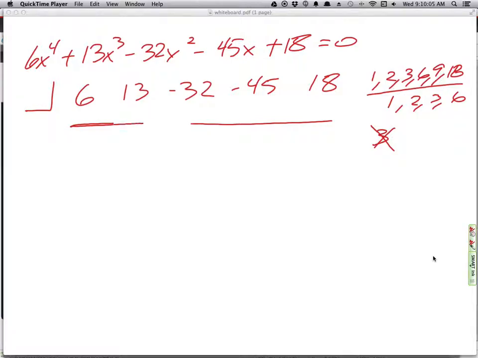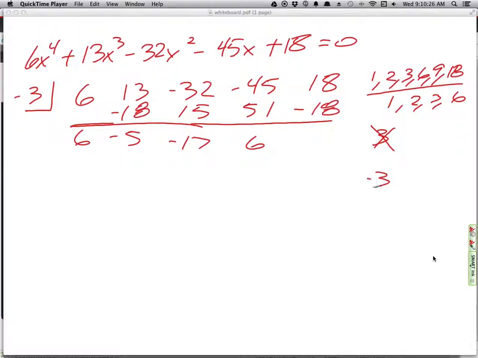Negative 3? So 6, negative 18, negative 5, 15, negative 17. That is 51. 51, which gives me 6, which gives me negative 18. So we do like negative 3.